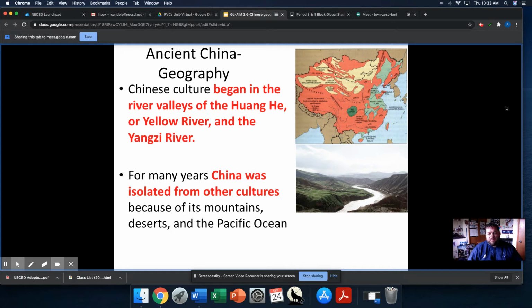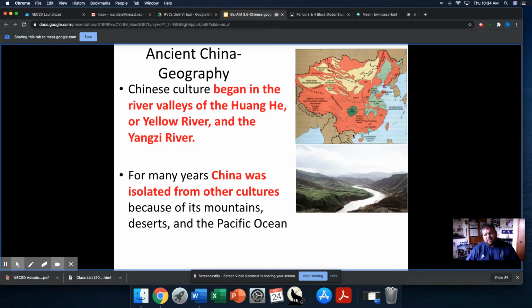The other interesting thing about China is that it's an interesting place geographically, because although it is part of a very large continent, it's kind of isolated from other places for a number of reasons, and mostly the geography. The Pacific Ocean bordering China to the east acts as somewhat of a natural barrier, and you also have what's called the Gobi Desert and the Himalayan mountains, which also serve to isolate China from other surrounding regions.